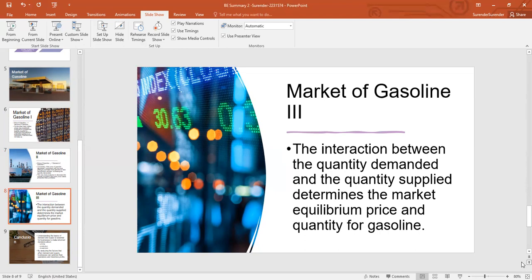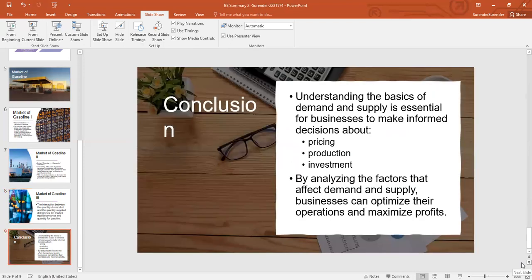The producer wants to earn more profit from a product because he has made his investment in it, and the consumer also wants to benefit, because he has to manage his daily routine activity according to his budget.